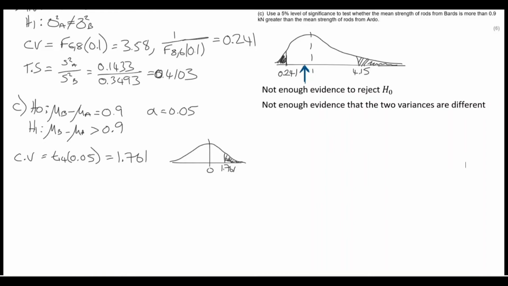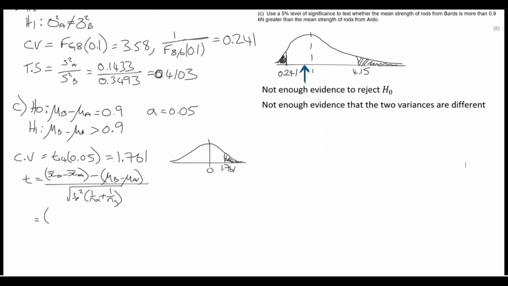Let's go ahead and standardize. So the t-score, well, that's going to be x bar b minus x bar a, subtract the difference between the 2 means in the distribution, and we're going to divide that all by the pooled standard deviation.